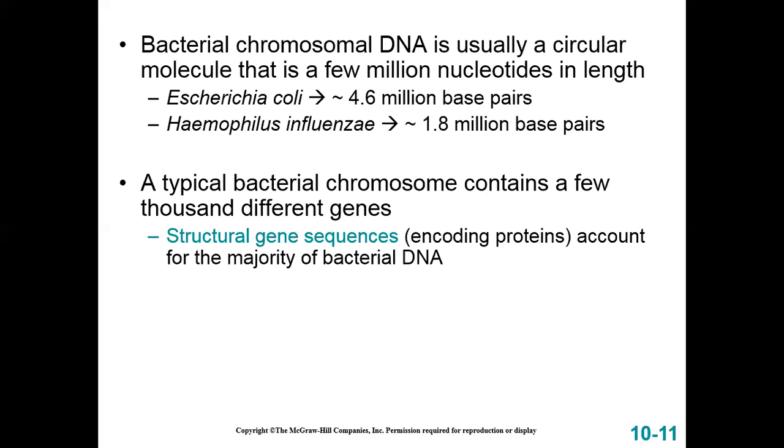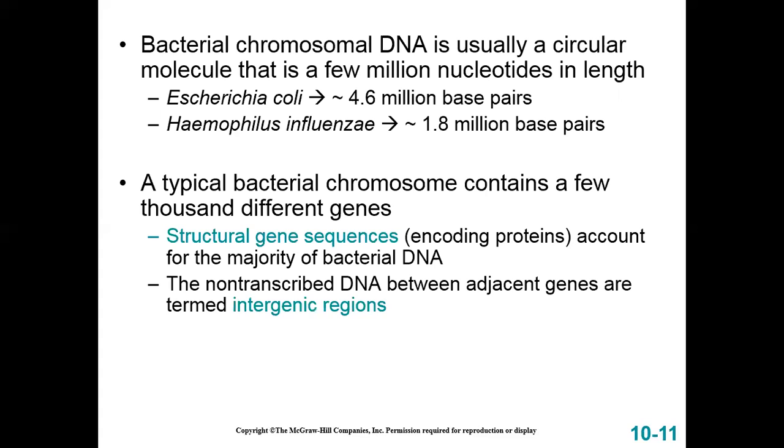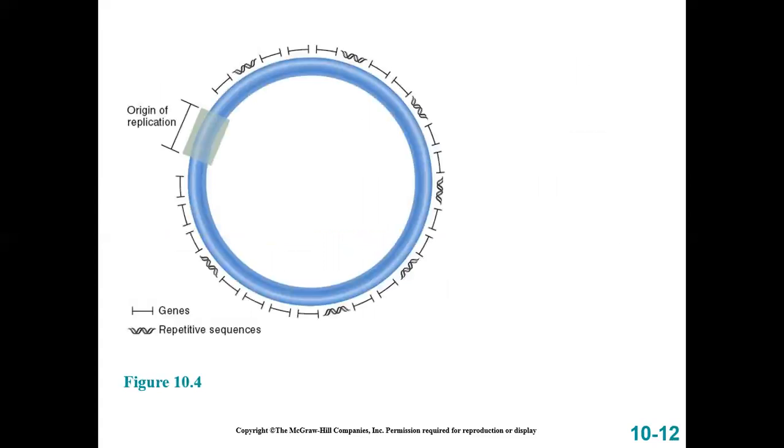These genes may contain structural gene sequences and non-transcribable DNA. The structural DNA sequences are the sequences which can code for proteins. So, protein coding genes are called structural genes, and the non-transcribable DNA cannot be transcribed or translated into protein. For example, this is the chromosome of the DNA.